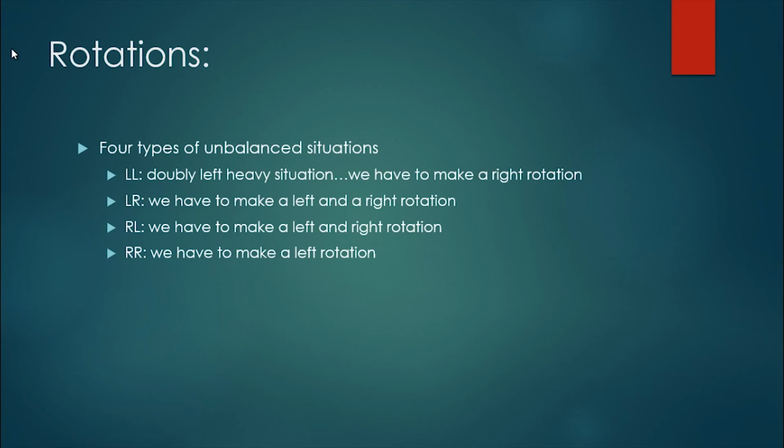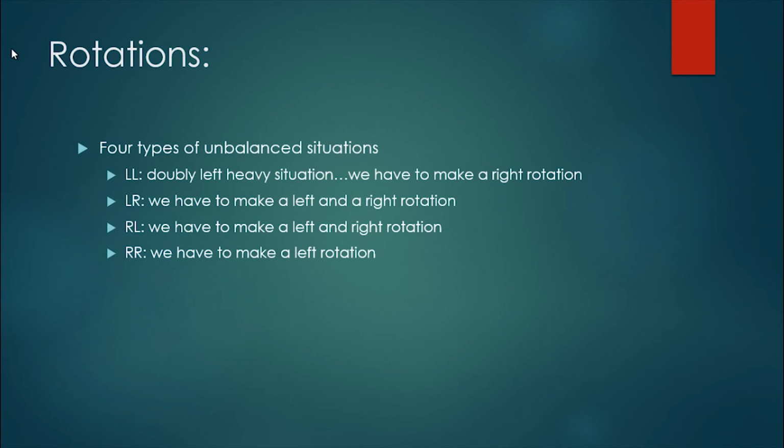So there are 4 types of imbalance situations, and that's why we have 4 types of rotations. We have the doubly left heavy situations when we have to make a right rotation. We have the situation when we have a left heavy and a right heavy situation. At that point we have to make a left and a right rotation.